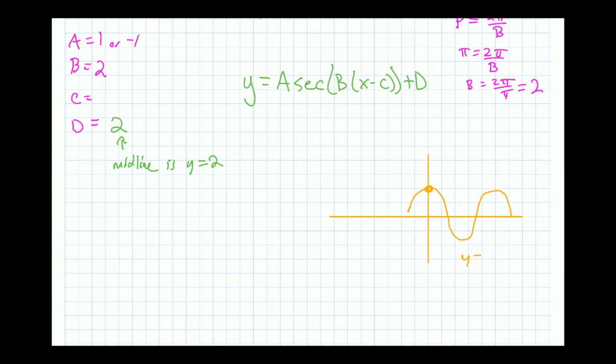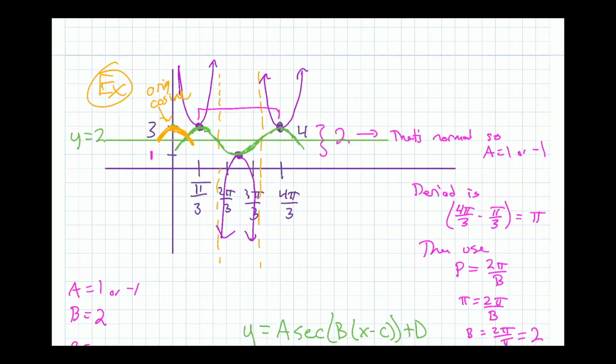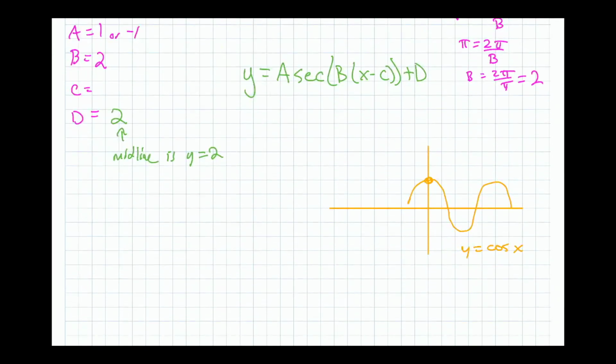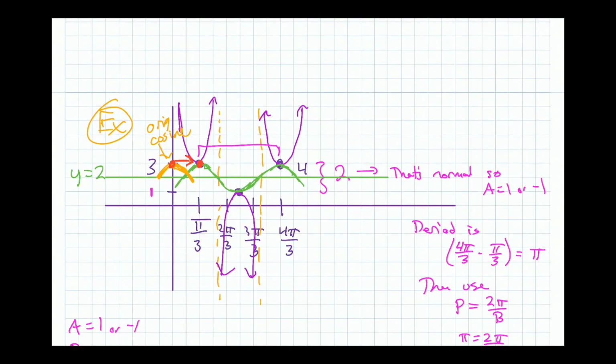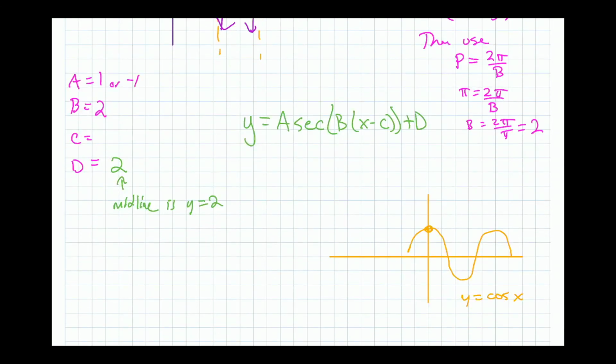Okay, this is y equals cosine. Now this one's been shifted, right? The green one that I drew, how far has it been shifted to the left or the right? It's been shifted this far, right? The peak went from here to here. So that's a distance of pi over 3. So our shifted cosine was at pi over 3, which is like this.